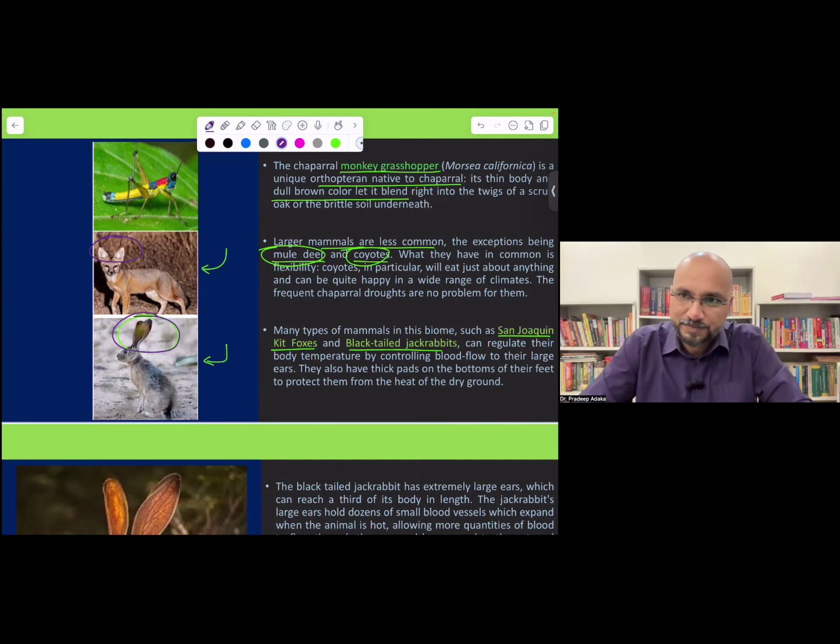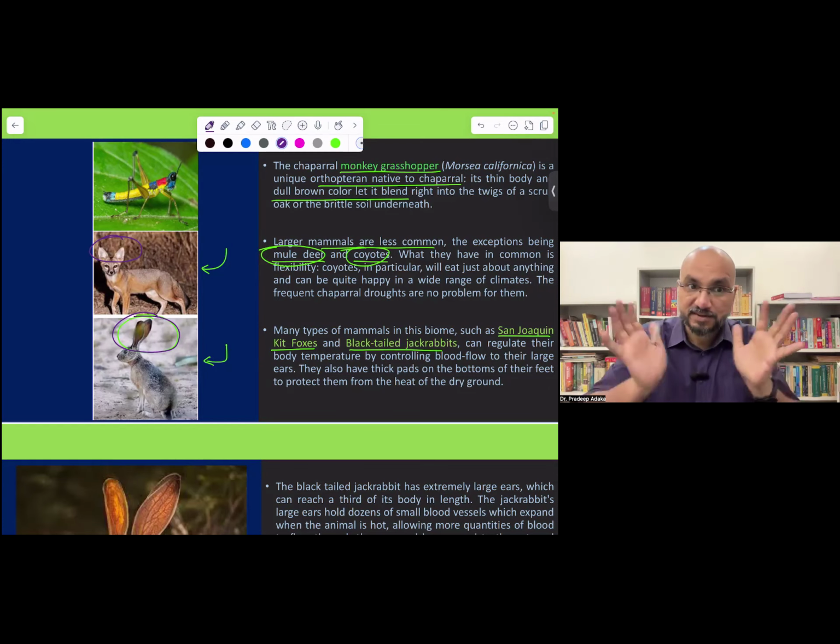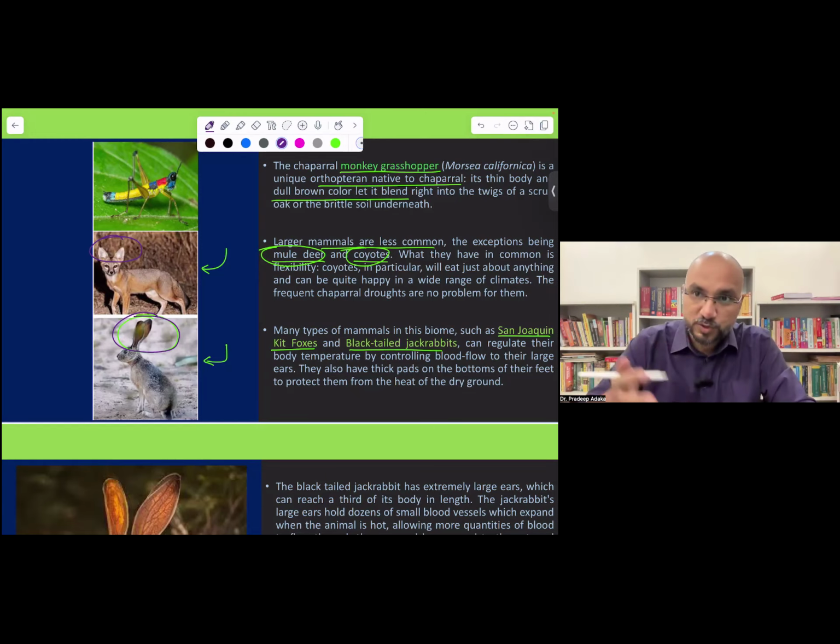In polar bears, the ears are very small, right? You have seen they're not visible properly. Here you see very large ears, the surface area is very large, so that they can lose the heat. They help in regulating the body temperature.